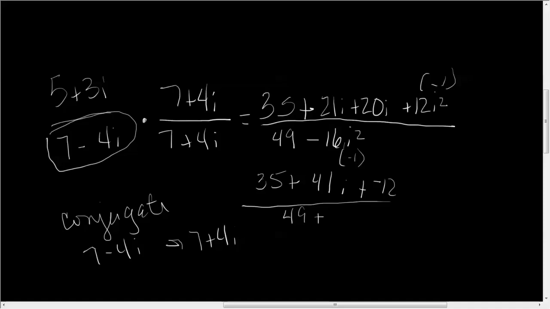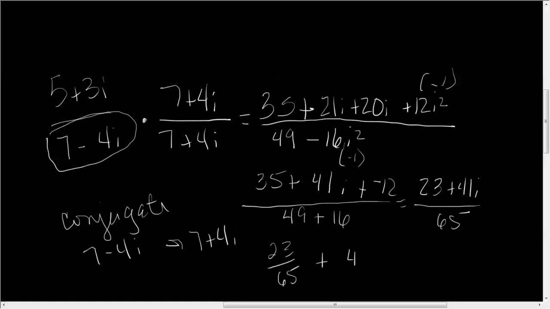And this will become 23 plus 41i over 65. And this also can be written 23 over 65 plus 41i over 65. All I did was separate. These made their own fractions, and this made their own fractions.